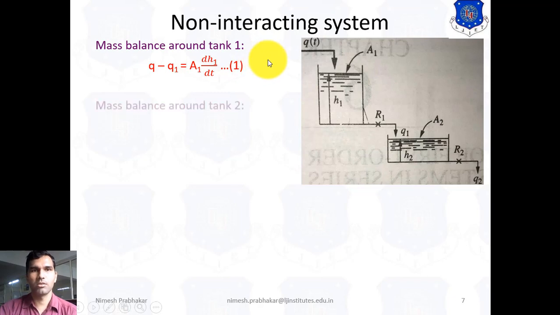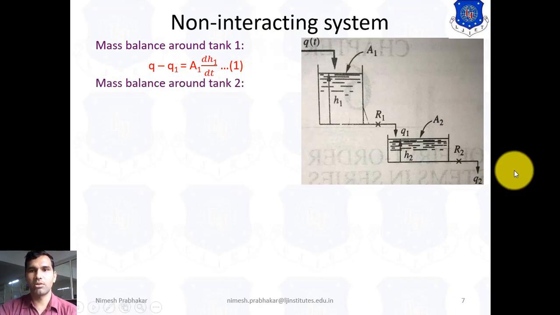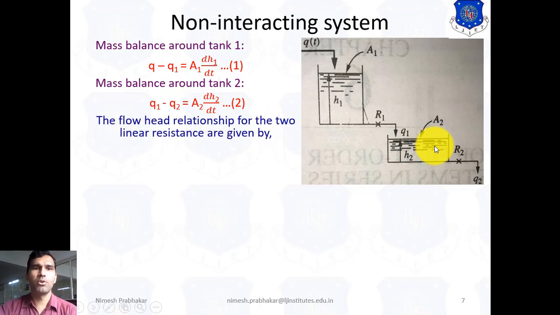Now the mass balance around tank 2. We can write it as Q1 is the inlet, Q2 is the outlet, and the rate of accumulation is A2 dH2/dt. So this is the mass balance around tank 2. Now the flow-head relationship for the two linear resistances: we find the relationship for R1 and Q1, and R2 and Q2.